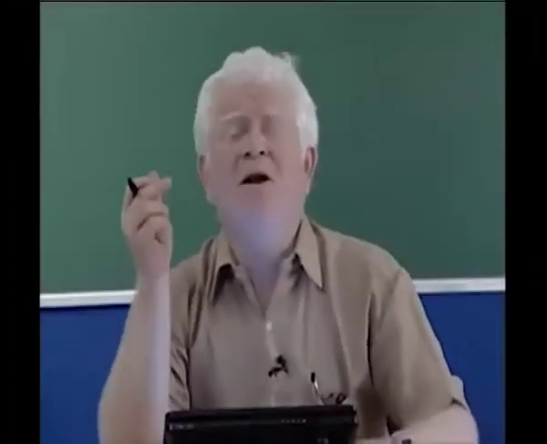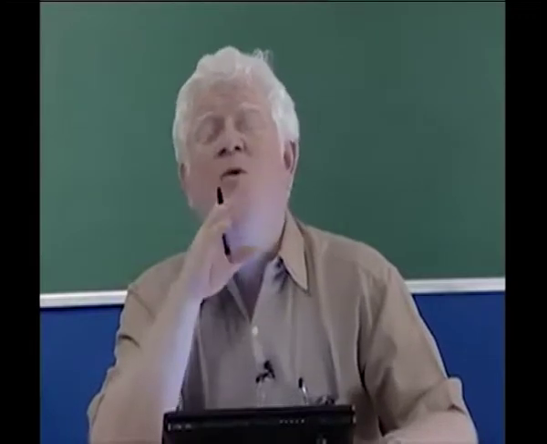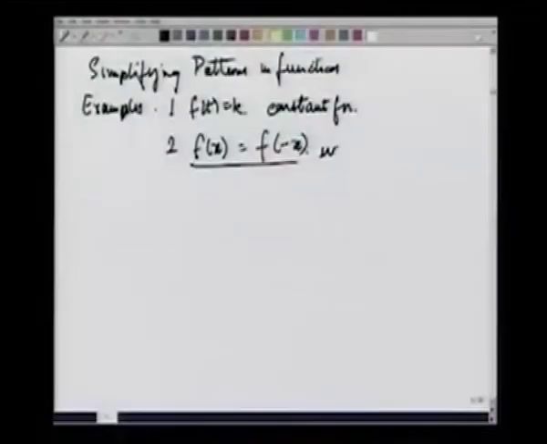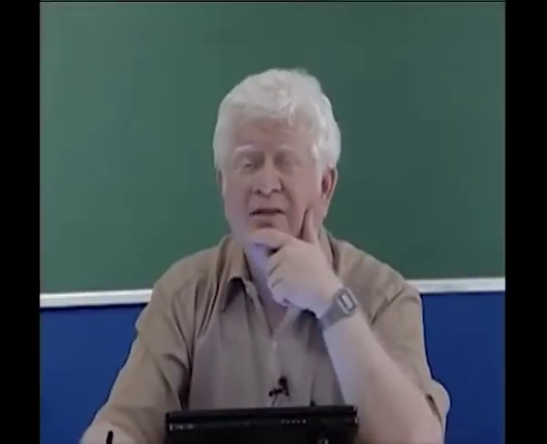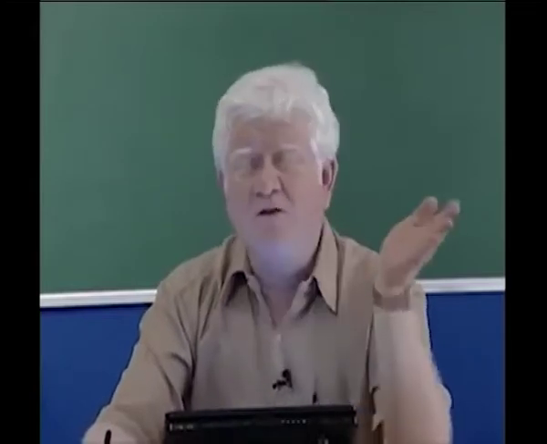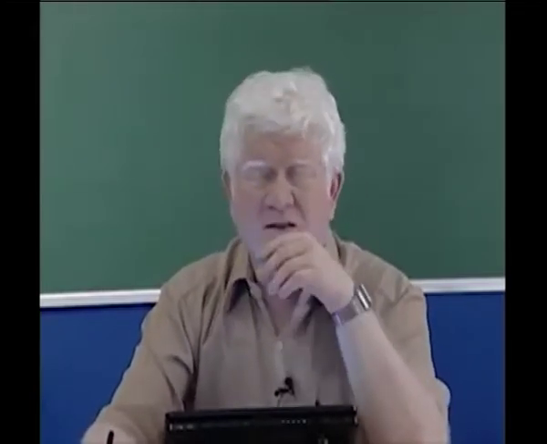So, if you want to memorize such a function, you can at least take the shortcut of memorizing one half of it and then declaring this feature of even symmetry. If you say it is even symmetric and if you specify the function from 0 to infinity, that completely helps you to construct the rest of the function on the other side.